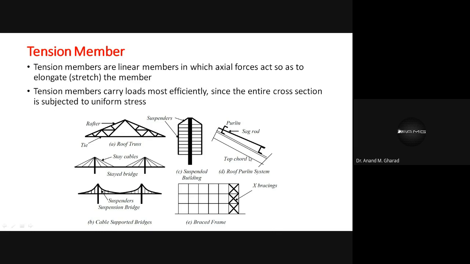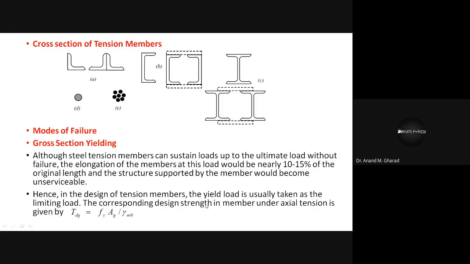Then there are a few components like the sag rod and purlin, all these things I will be discussing when we cover the industrial roof analysis. In that case, you will come across this sag rod and purlin concept, right? So all these members experience tension force. These bracings in the building frame may also experience tension force. So these are the typical tension members which you may come across.